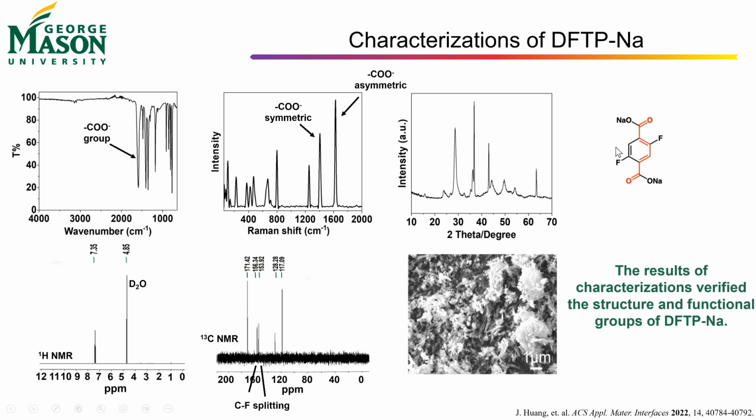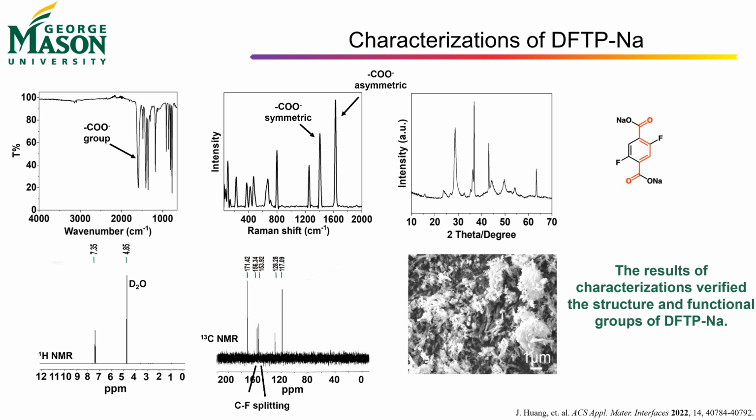From proton NMR, the peak at 4.85 represents the solvent D2O. So only the peak at 7.35 is from the compound.